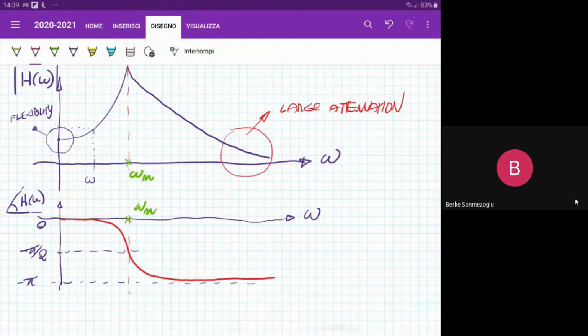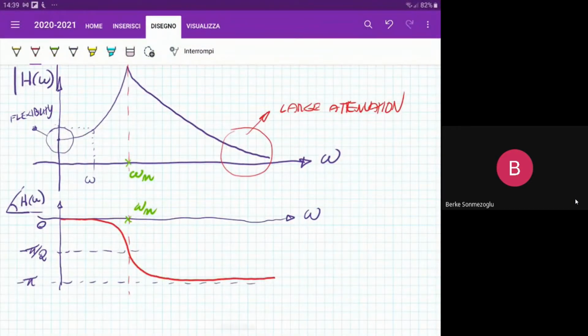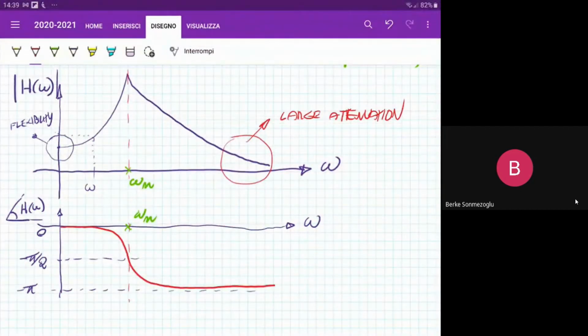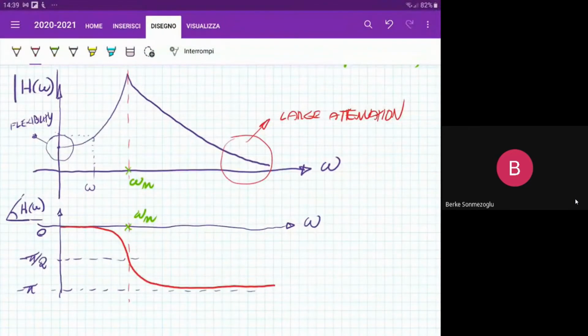And when we are at the natural frequency, the system response and the input excitation are somewhat orthogonal. There is no interaction. The energy is not passing through the way that we are used to, okay, because the system is putting all the input energy into the damping. So all the input energy is dumped out, and there is no more interaction between the input excitation and the output response.